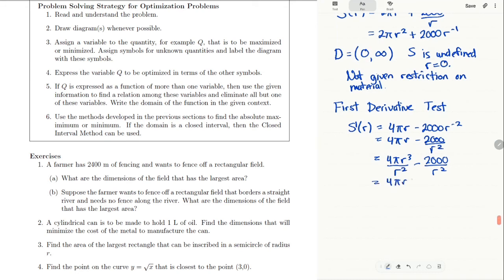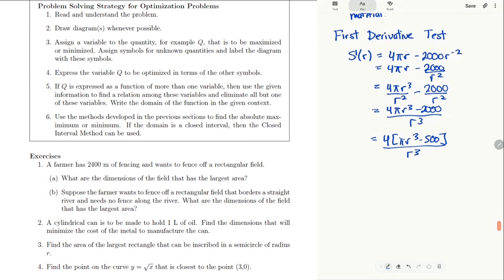So we have 4 pi r cubed minus 2000 all over r squared. And we can factor a 4, leaving us with 4 times pi r cubed minus 500 all over r squared. So that is our first derivative.